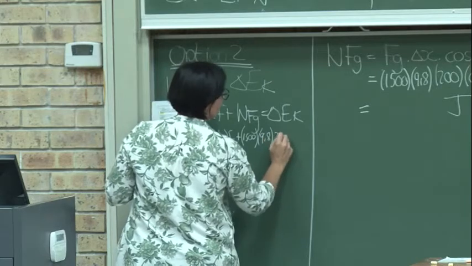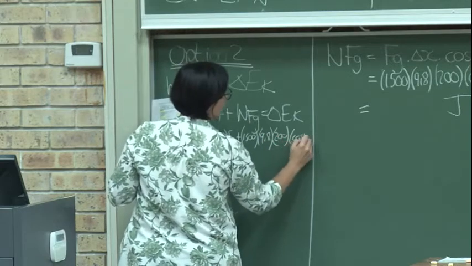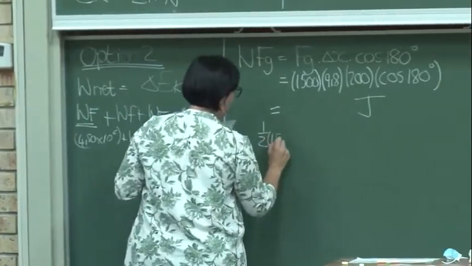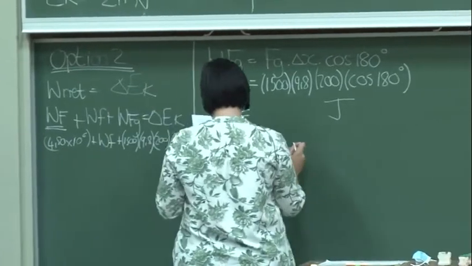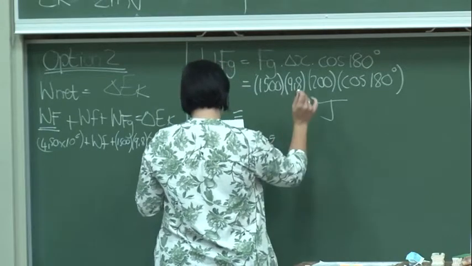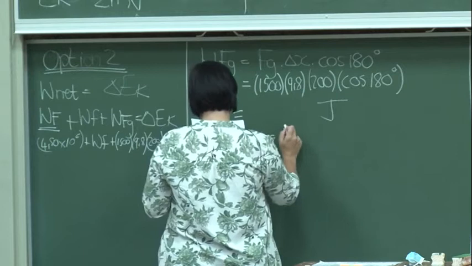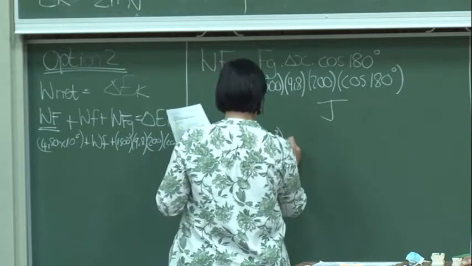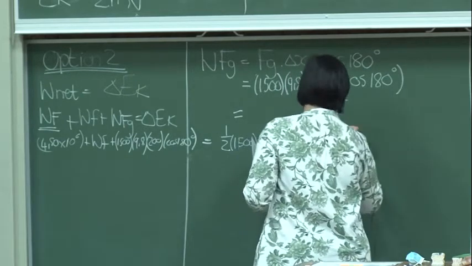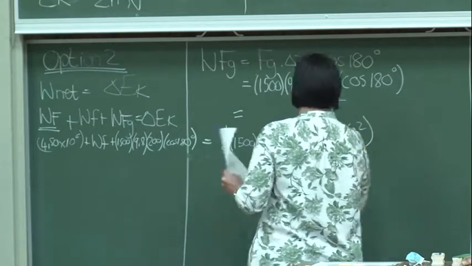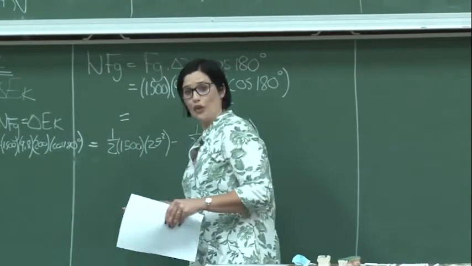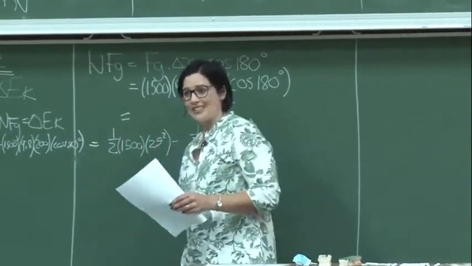Times the 200 times cos 180 degrees equal to half of 1,500 times, what was the final velocity? 25 squared. You all agree with me? You're scaring me if you just agree with me. Minus half 1,500. You need to question. Do not assume that I'm always correct. I might be testing you. So you need to think about this.